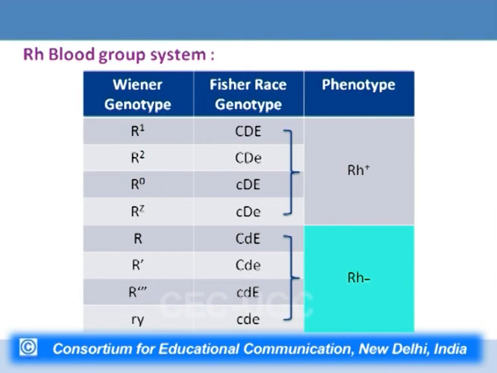This particular table sums up the categorization of Wiener genotype and Fisher-Race genotype and phenotype.